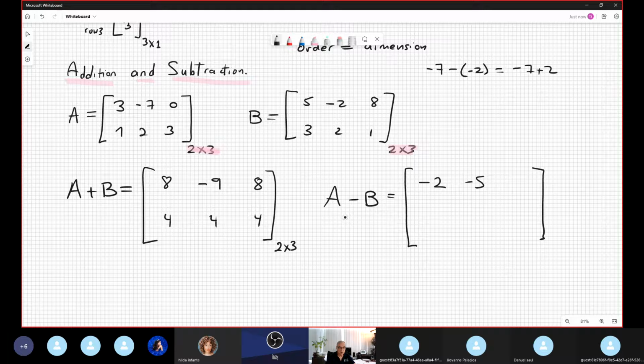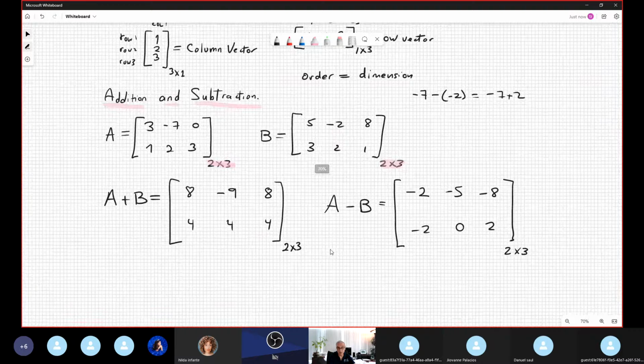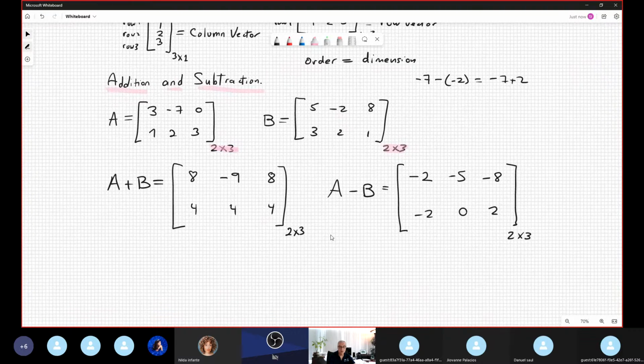Then 0 minus 8, negative 8. 1 minus 3 is negative 2. 2 minus 2 is 0. And 3 minus 1 is 2. Same dimension. The only difference in subtraction is that you find the opposite sign of any element, any entry.